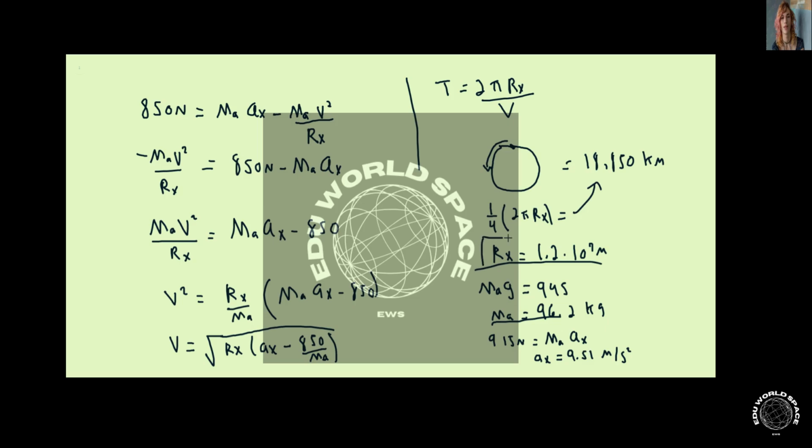So we found r_x, we've got a_x, and we also got the mass of the astronaut. That's everything we need. So we can plug all those in, and we get that the velocity at the equator of the planet is 2844 meters per second.